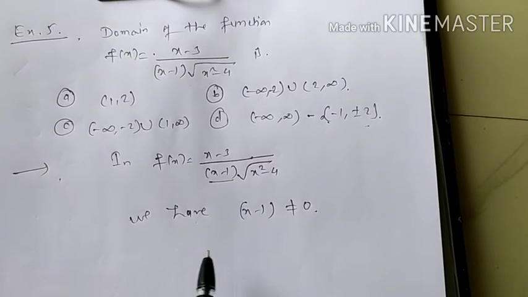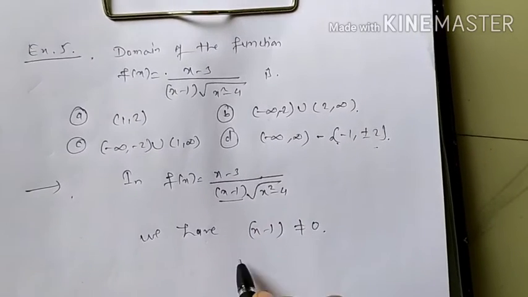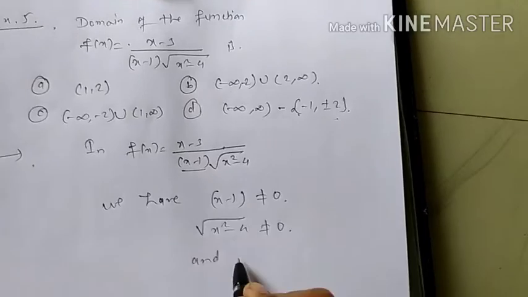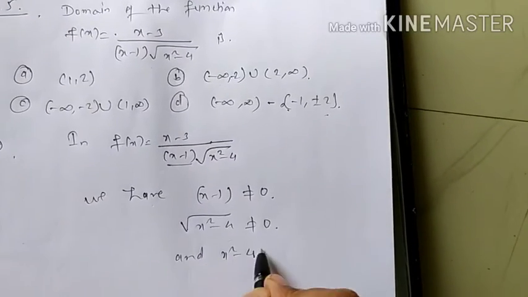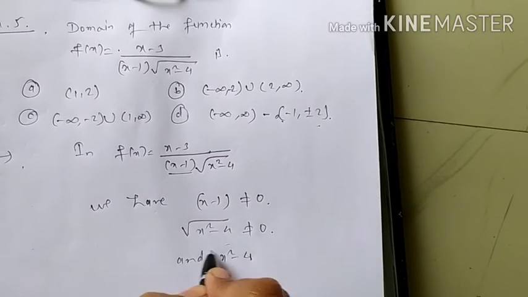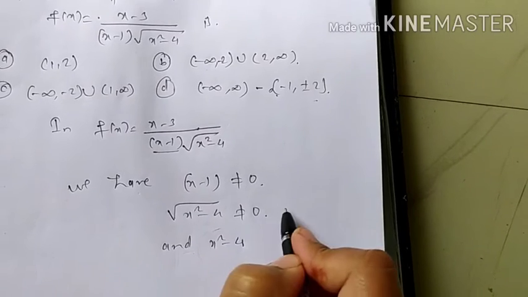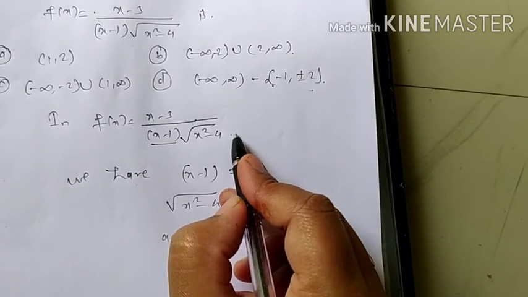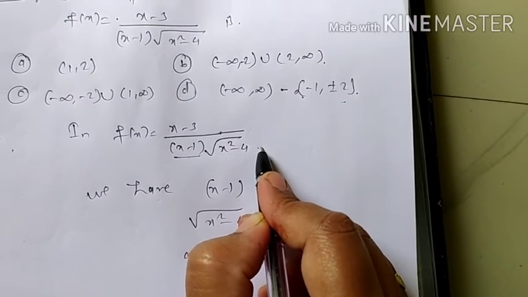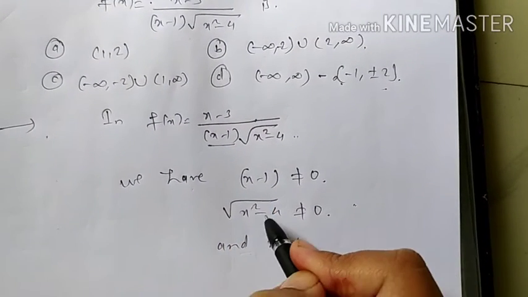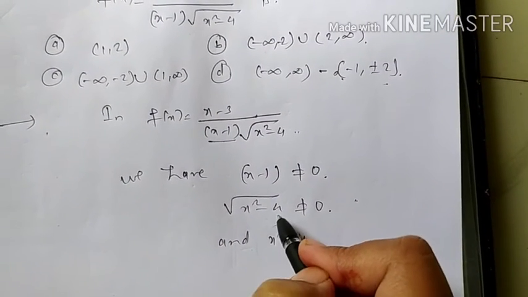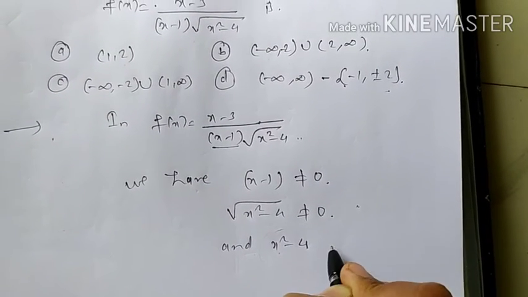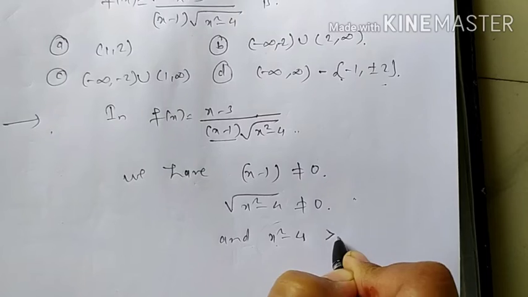This whole term should not be 0, and this square root, x² − 4, also should not be equal to 0, because this square root is in the denominator, and we don't want the denominator to be 0. Are you getting? So that's why we have taken √(x² − 4) not equal to 0, and √(x² − 4) we always take greater than or equal to 0.